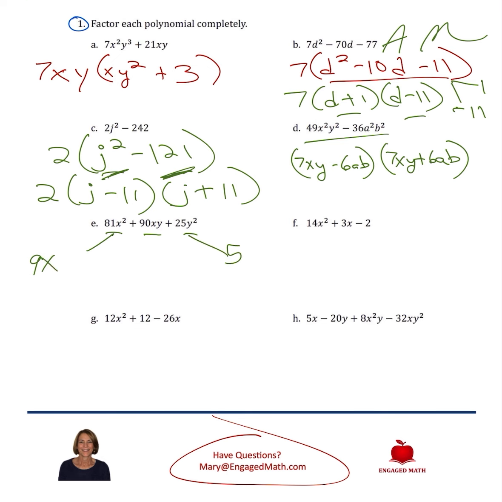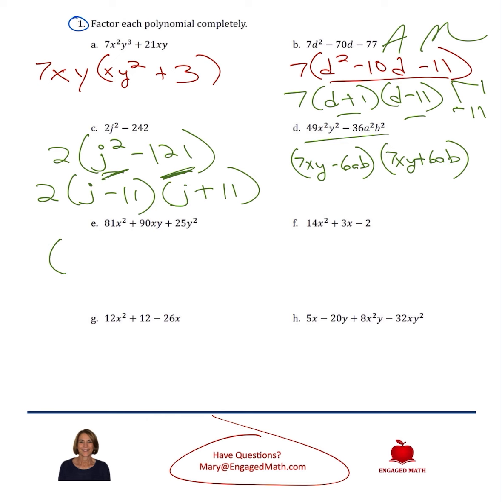If you take the square root of the last term, it's 5y. If you multiply these 2 together, you would get 45xy. If you double it and it's that middle term, we know it's a perfect square trinomial. So 9x times 5y is 45xy, doubled is 90xy.